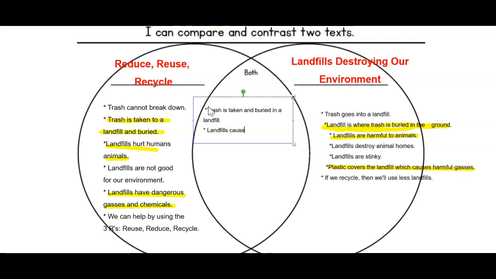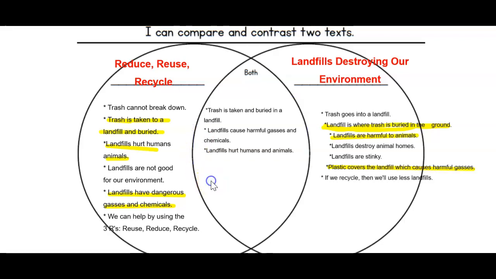Landfills cause harmful gases and chemicals. And finally, landfills hurt humans and animals.